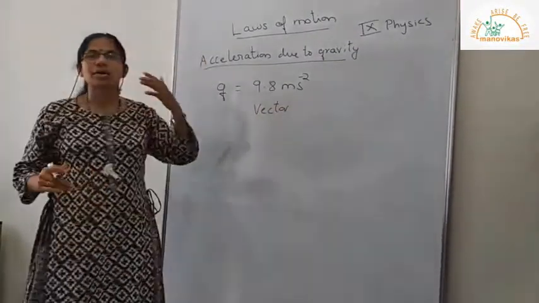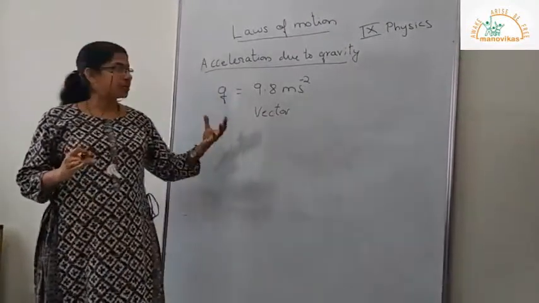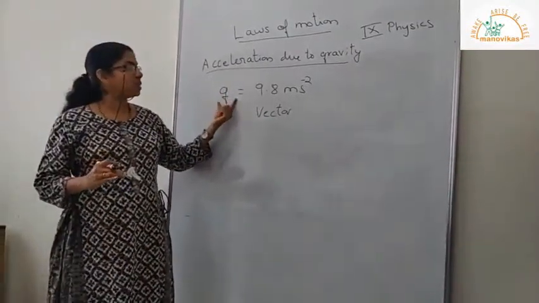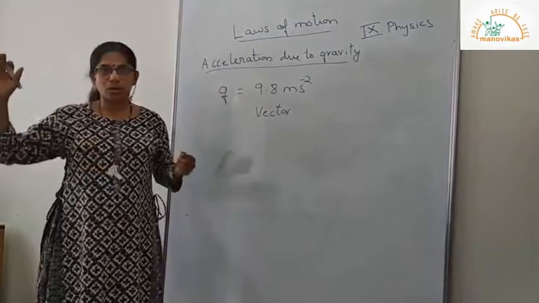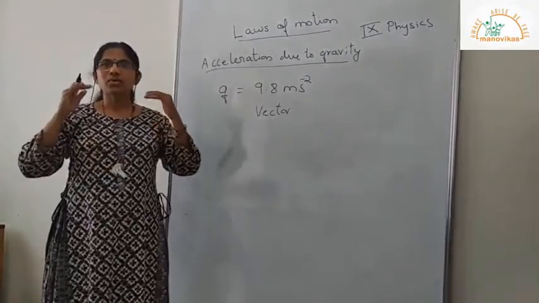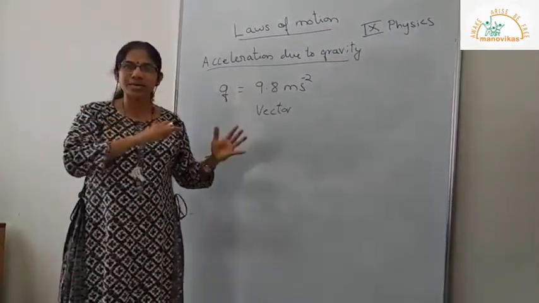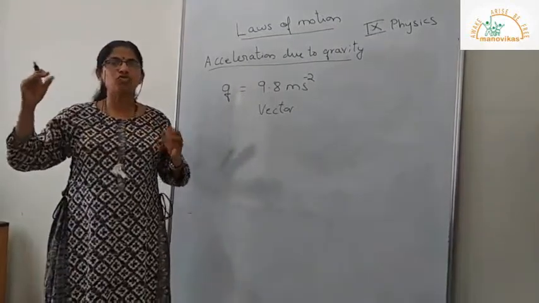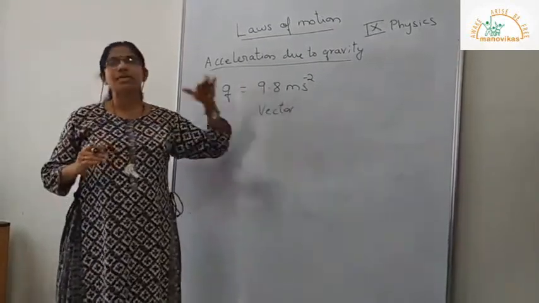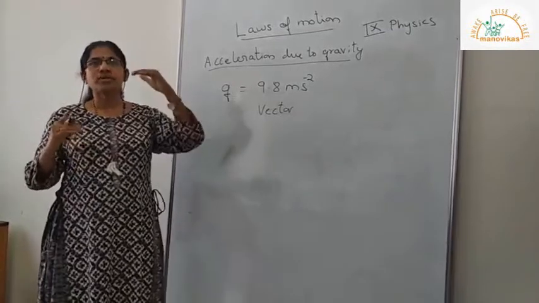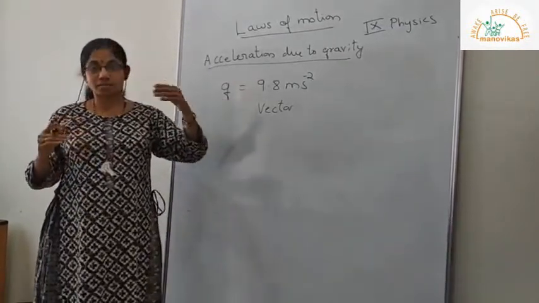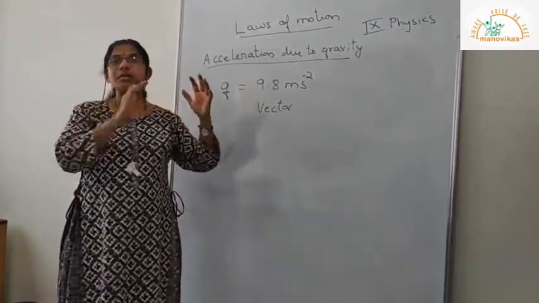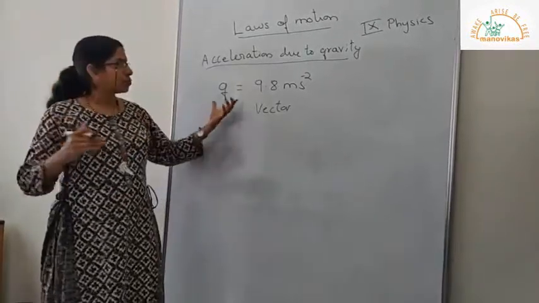It is a vector quantity, and it is also observed that the value of g is not the same throughout the Earth. If you compare the equator with the poles, the value of g is slightly higher on the poles than on the equator.